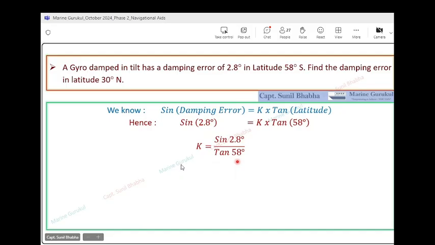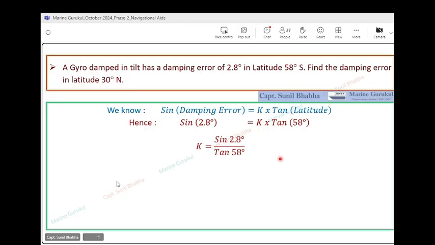So you see in this particular question, they have given us sufficient information that we can obtain the value of K, the damping ratio for this particular compass. Now once this damping ratio is obtained, then we can use it to get the answer.